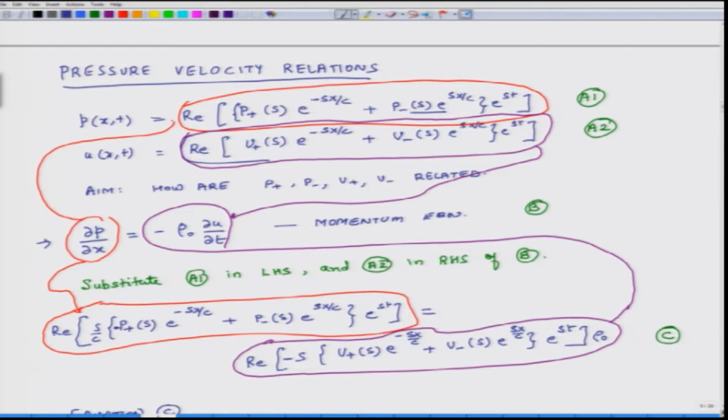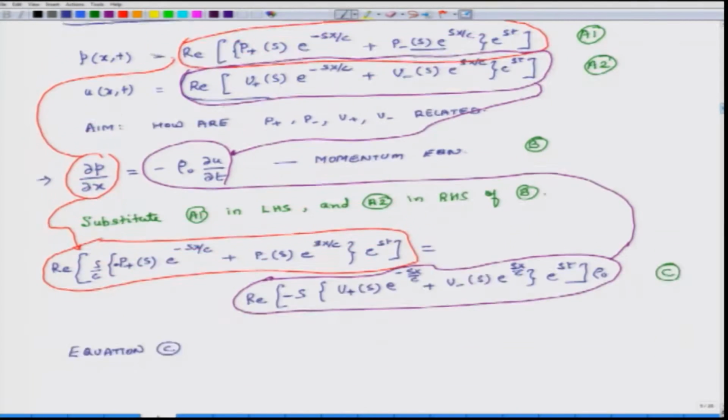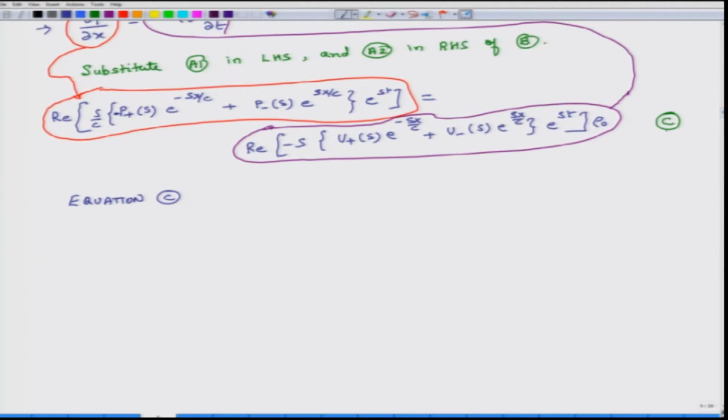And what is momentum equation? It is essentially a modified form or a particular version of Newton's second law. And Newton's second law is valid at all points of time and at all positions. So, what that means is that equation C has to be valid at all values of x, and it also has to be true for all values of time.